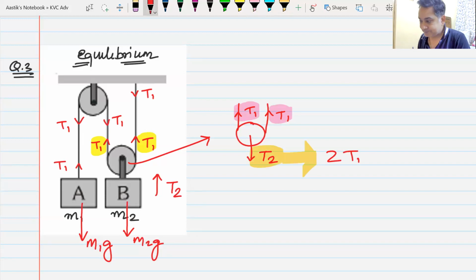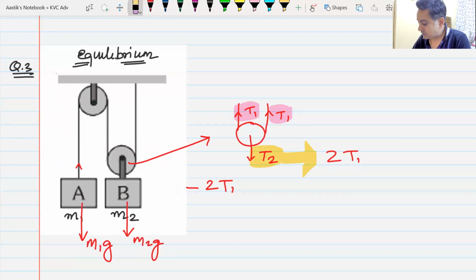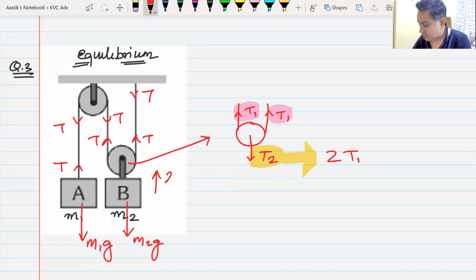From now onwards, I will not write T1 or T2, I will just write T. For example, I will write these all as T, and this one would be 2T. Do we understand this? Yes, sir.